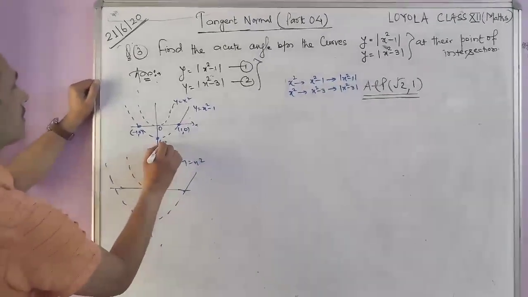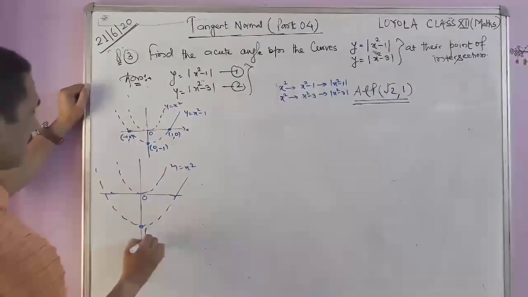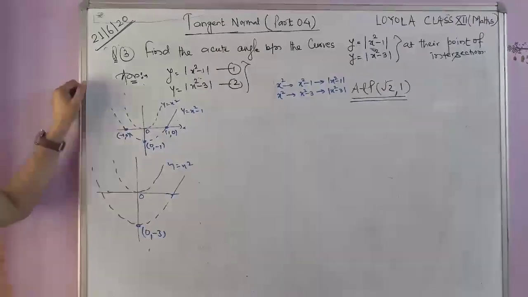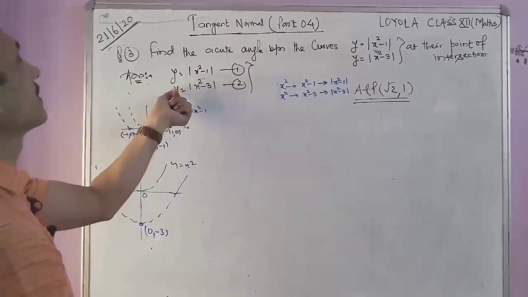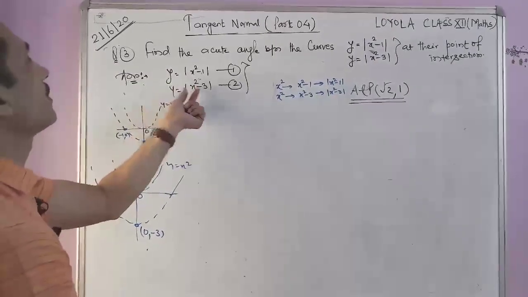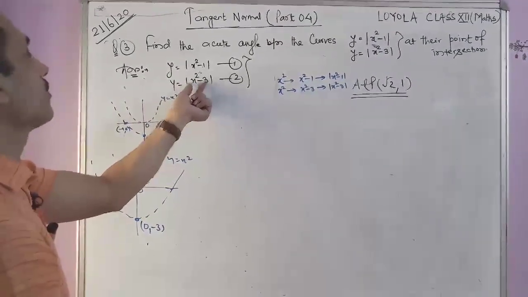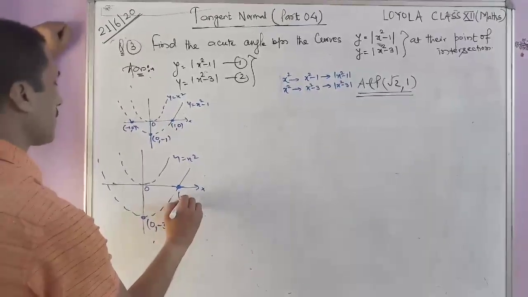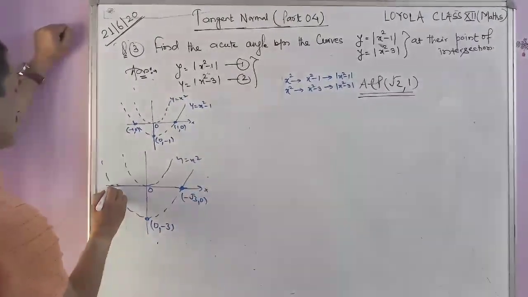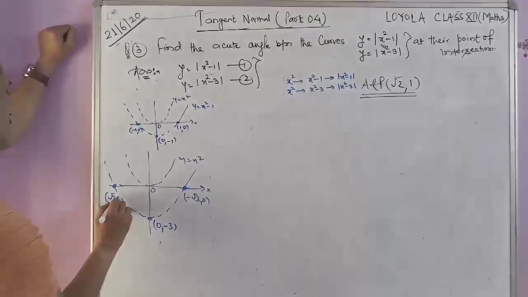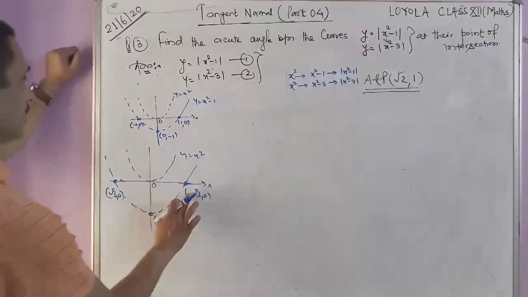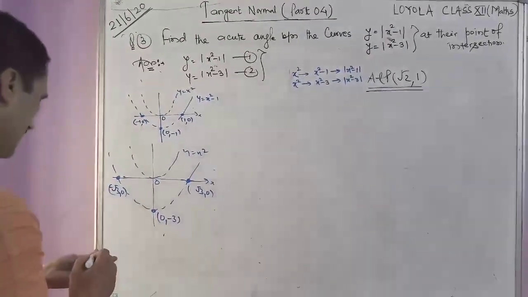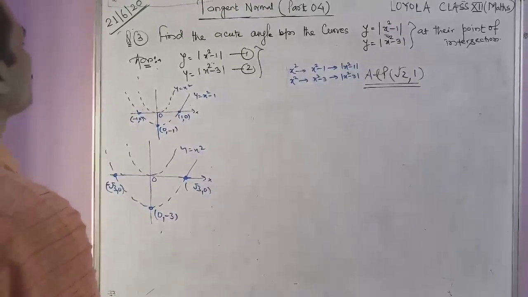This point here is (0, −1) and this is (0, −3). Solving this, keeping y equal to 0, this will give x equal to ±√3. This is (−√3, 0) and this is (√3, 0). Sorry, (√3, 0) and (−√3, 0).